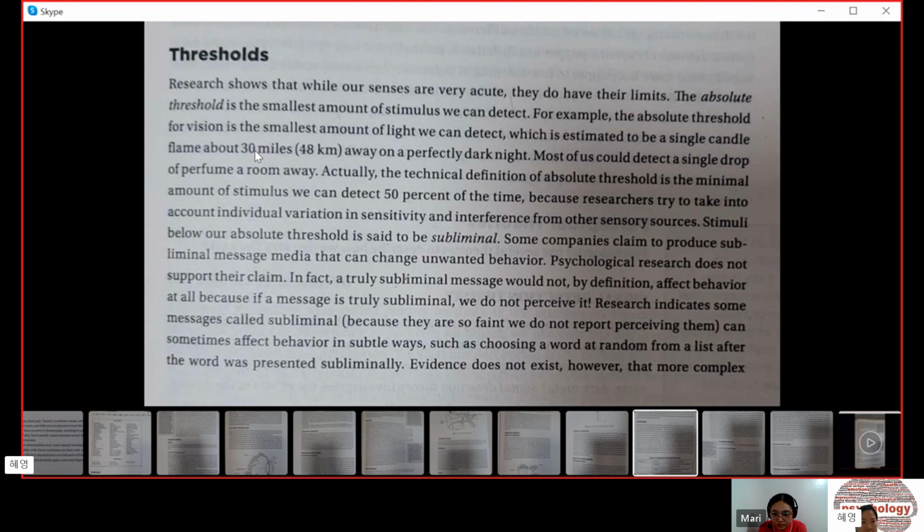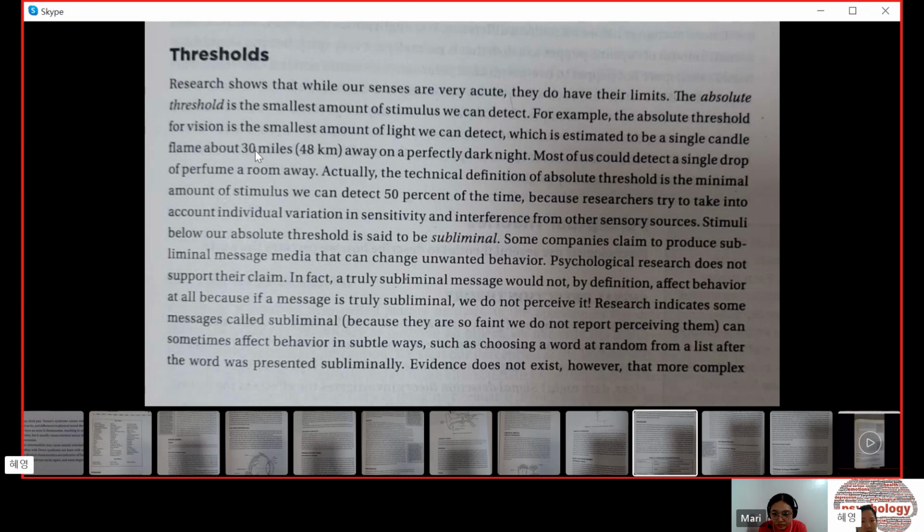And threshold. Research shows that while our senses are very acute, they do have their limits. The absolute threshold is the smallest amount of stimulus we can detect.